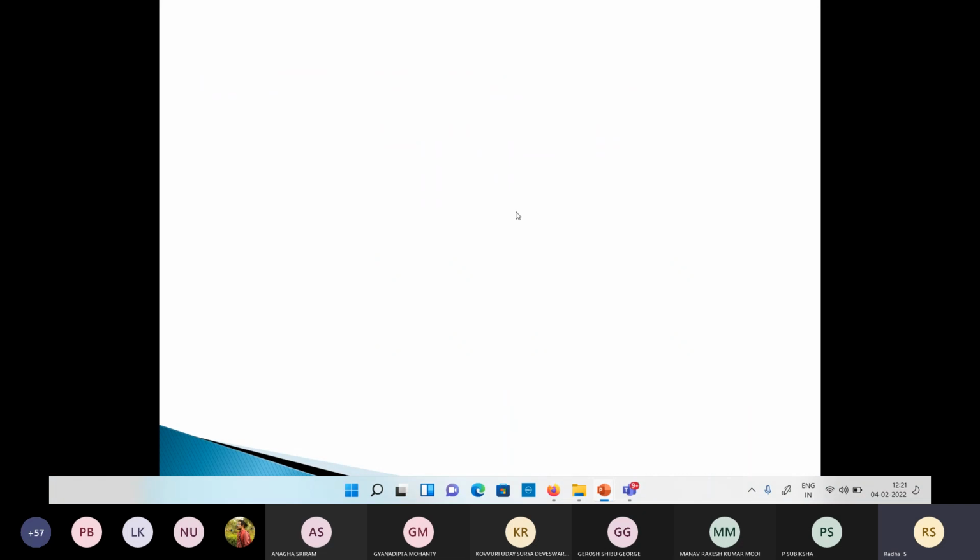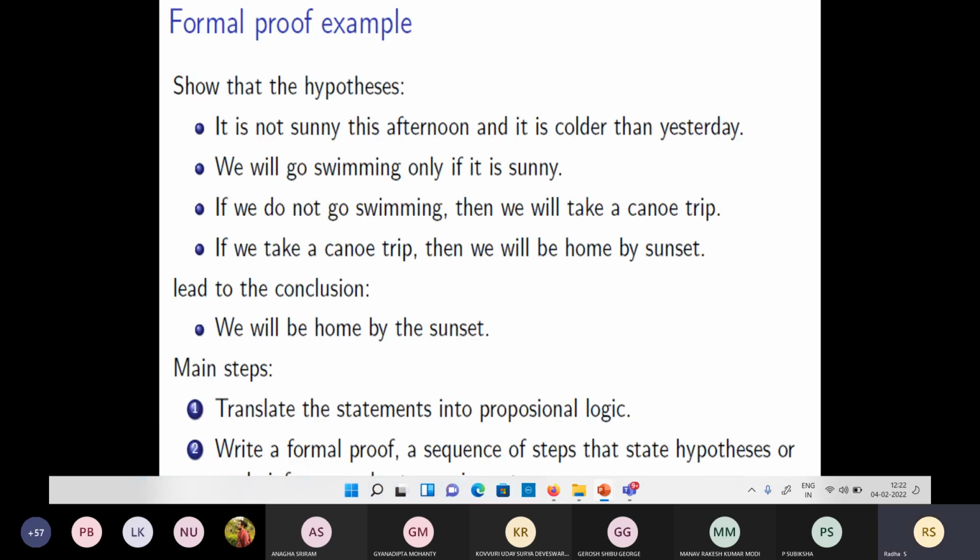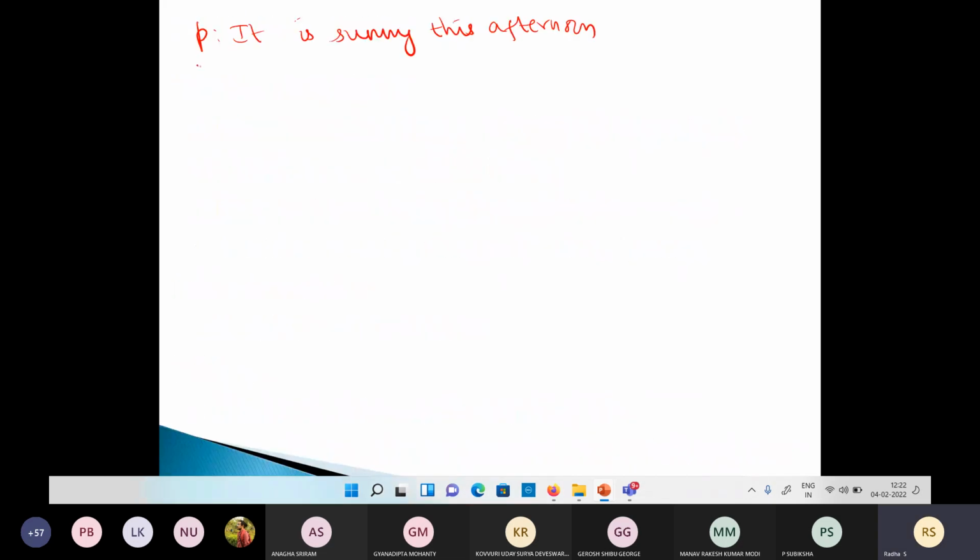Okay, what are the atomic statements that we need? First, it is sunny this afternoon. P: it is sunny this afternoon. Then, it is colder than yesterday.